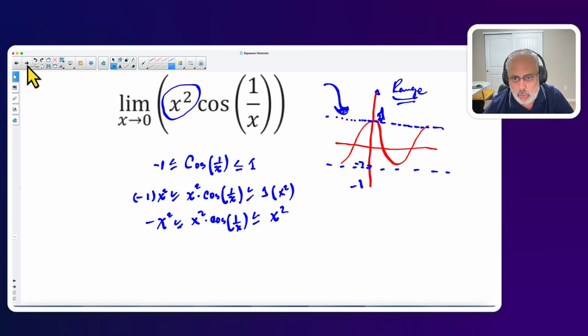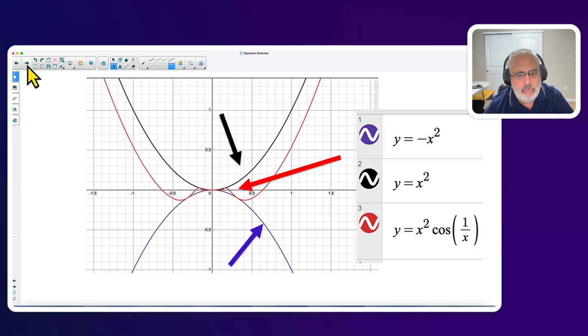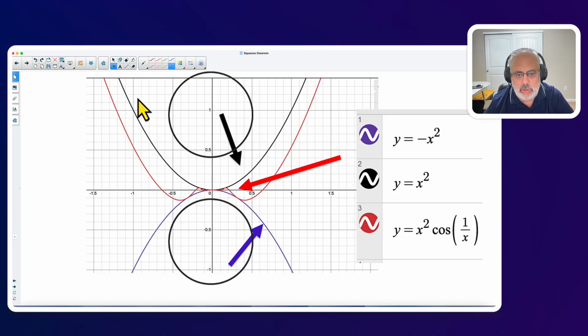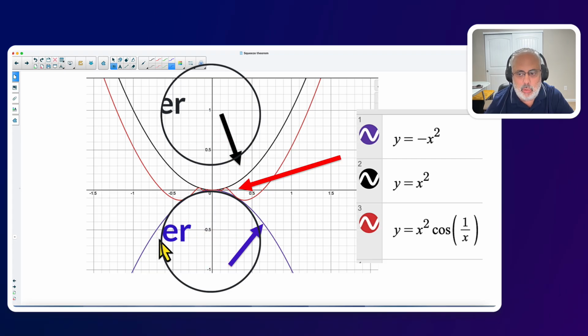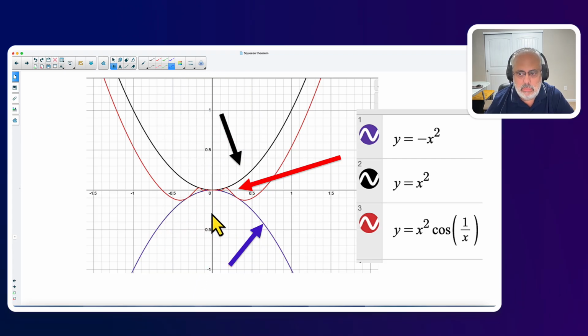I'm going to show you right now. Look at the upper function, x squared, and look at the lower function right here, minus x squared. So we have x squared and minus x squared, the upper and the lower function, the black curve here and the purple one.